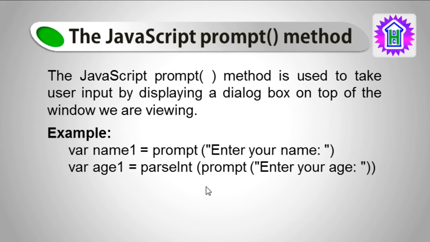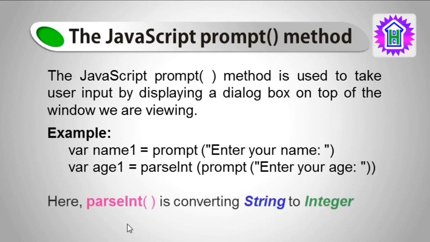If we put the prompt inside the parentheses of the parseInt method, it will take the input from prompt, which is a string, and it will convert it into a numeric value and store it in age1. Here the parseInt is used for converting string to integer.